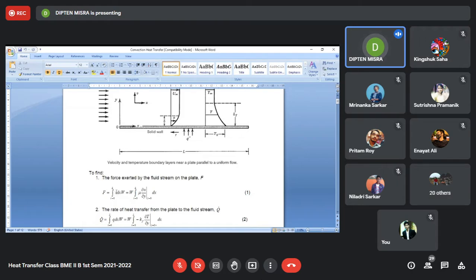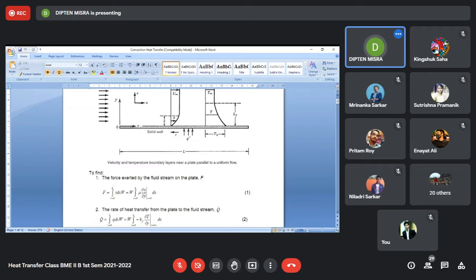As we know from your fluid mechanics study, the shear stress is given by mu into del u del y, and that del u del y is to be evaluated at y equal to 0 on the wall. So this is the wall shear stress that you can find out. Once you can find it, you can integrate this.